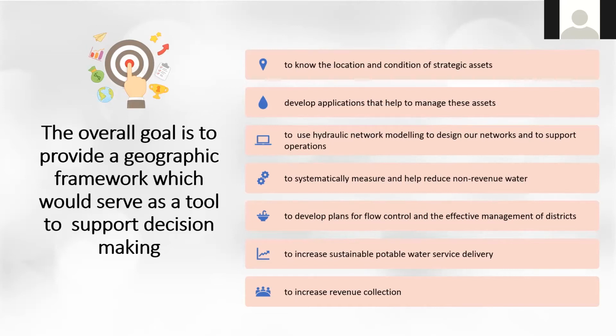We also help to systematically measure and help reduce non-revenue water. And as we go on, we'll see that as a company, this is very key to us, because we are delivering a service and we are giving a product out.